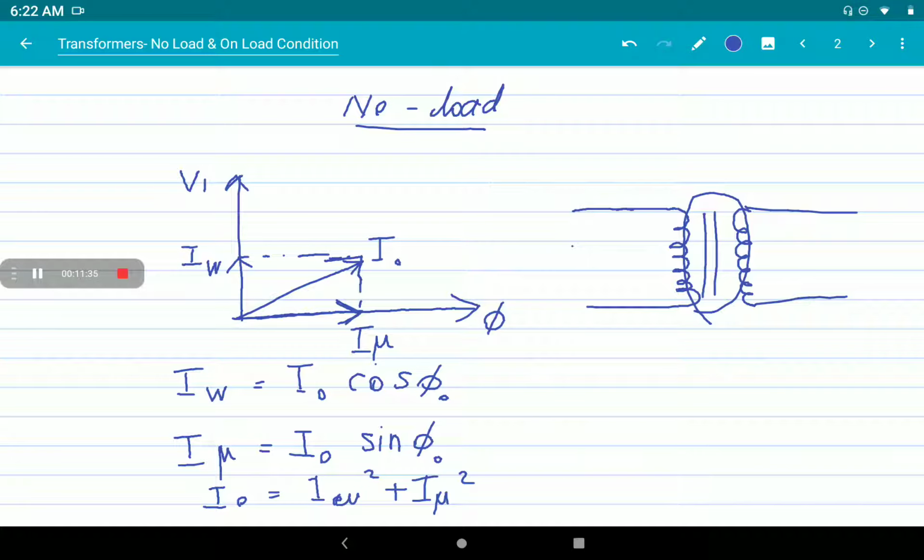What are the losses in the core? There will be some losses in the core due to hysteresis and eddy current. These losses are represented as a purely resistive component, R0, and to magnetize the core there will be magnetization effects that can be represented as X0.